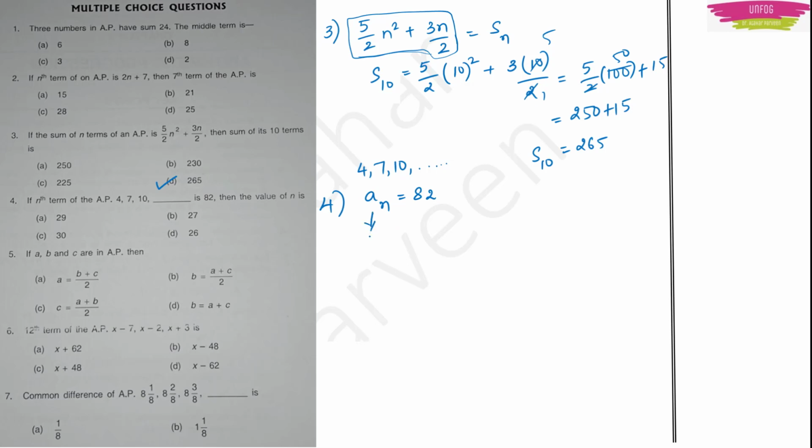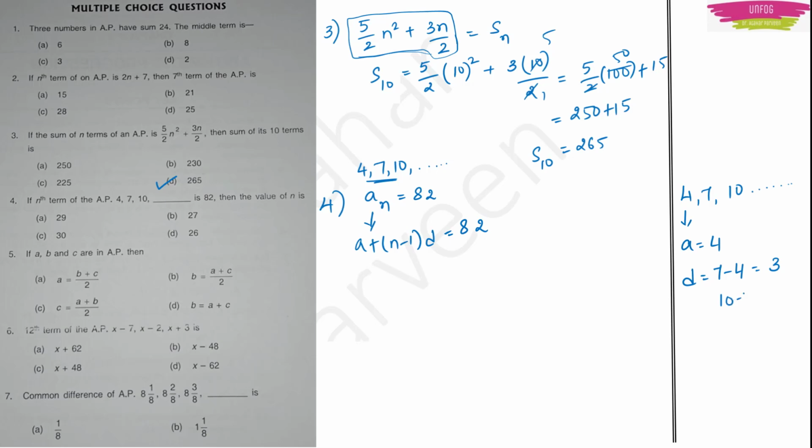But we know the formula for an, as they have not given any relation here. We know it is a plus n minus 1 into d is equal to 82. Now with this series 4, 7, 10, a will be 4, and what will be the common difference? To find the common difference, we do 7 minus 4. This will be equal to 3.